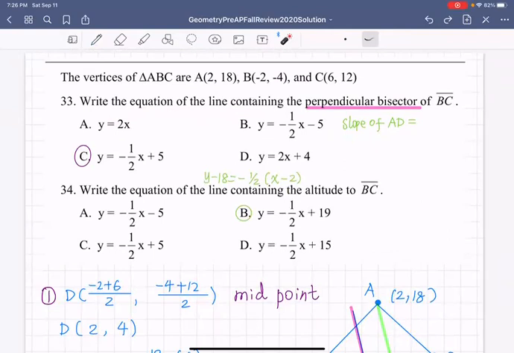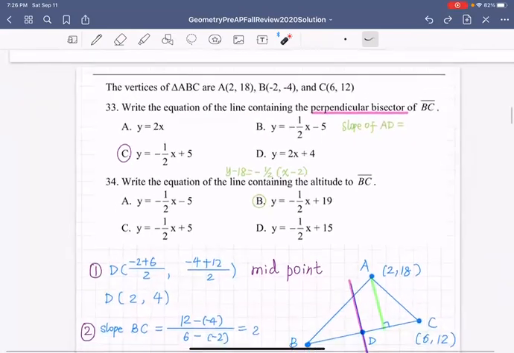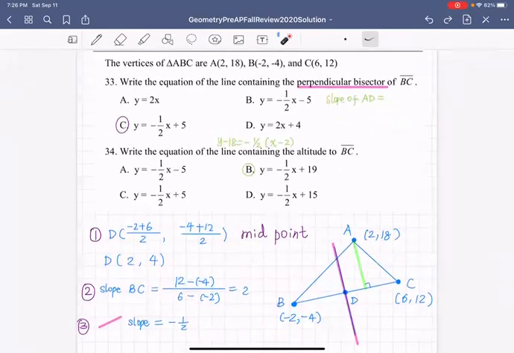This is a triangle, right? Okay. So a triangle A, B, and C.